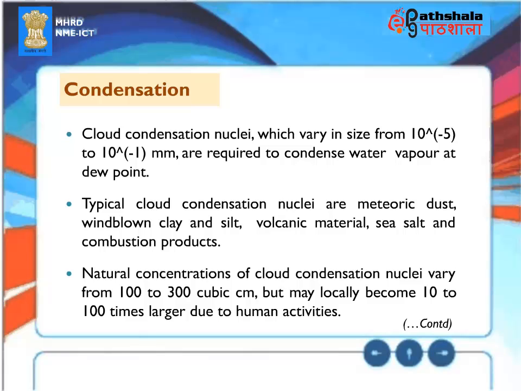Typical cloud condensation nuclei are meteoric dust, wind-blown clay and silt, volcanic material, sea salt, and combustion products. Natural concentrations of cloud condensation nuclei vary from 100 to 300 per cubic centimeter, but may locally become 10 to 100 times larger due to human activities.